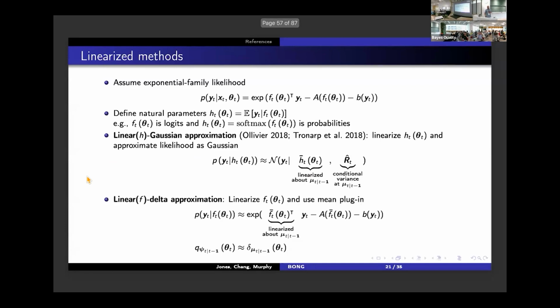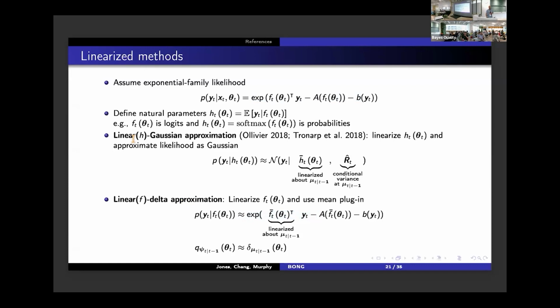The other thing we can do is linearize f, linearize the natural parameters, for example, the logits, and not Gaussianize. So we can keep whatever parametric family the likelihood is, right? All we've done is taken the original likelihood and plugged in f bar for f, so we've just linearized the network at that stage. And then do a plugin. So rather than integrating the gradient and the Hessian over all of q psi, we just plug in the mean. So these are 2 approximations that we can do, and they turn out to be equivalent.